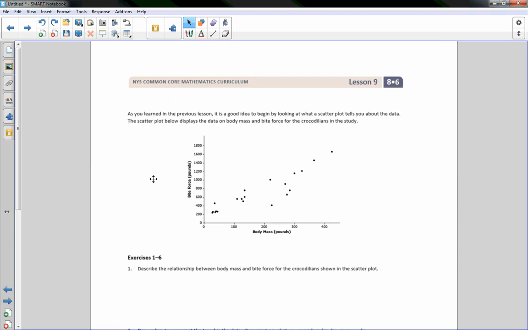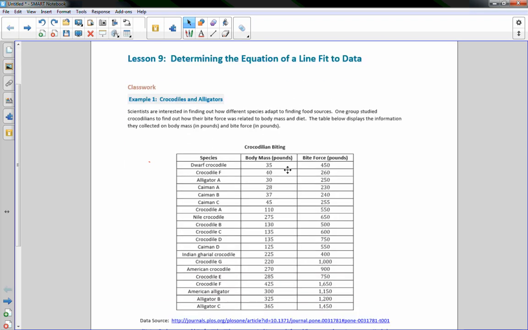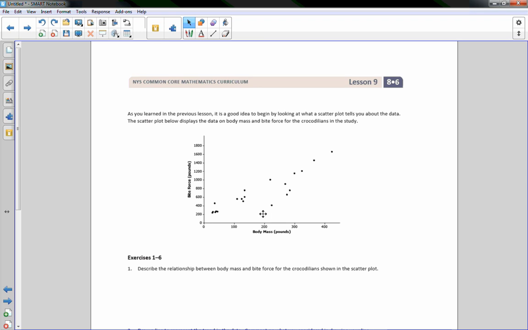As you learned in previous lessons, it's a good idea to begin by looking at what a scatter plot tells you about the data. The scatter plot below displays the data of the body mass and bite force for the crocodiles in the study. These are all data values being entered into this chart, plotted or graphed.